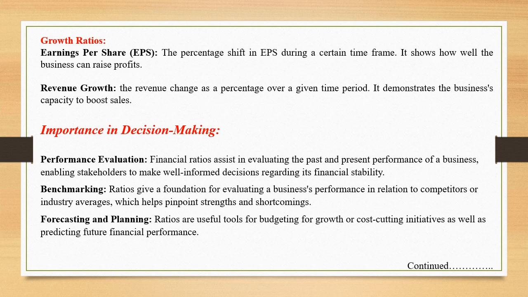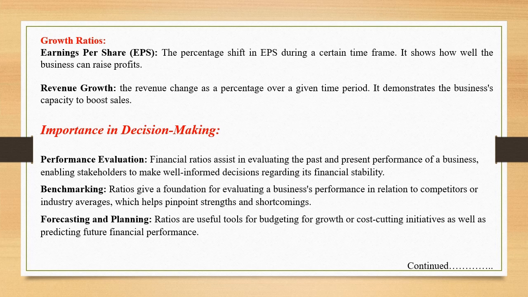Importance in decision-making. Performance evaluation. Financial ratios assist in evaluating the past and present performance of a business, enabling stakeholders to make well-informed decisions regarding its financial stability. Benchmarking. Ratios give a foundation for evaluating a business's investment decisions. Financial ratios are used by investors to assess an investment's desirability.